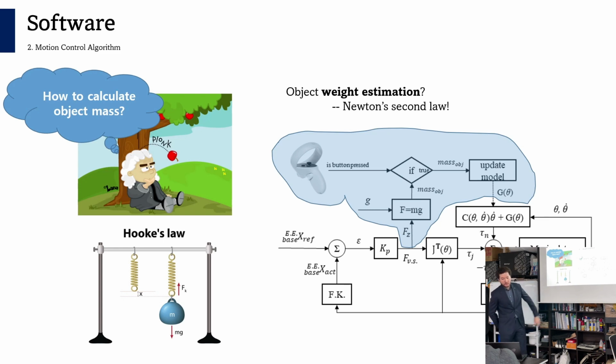But we already calculated this force in three-dimensional space, which means I can get the force in the Z direction just by grabbing one variable from this six-dimensional vector. So next, by deriving Newton's first principles, I can calculate object's weight by dividing it by g, gravitational constant.